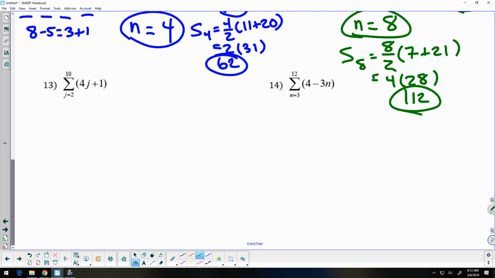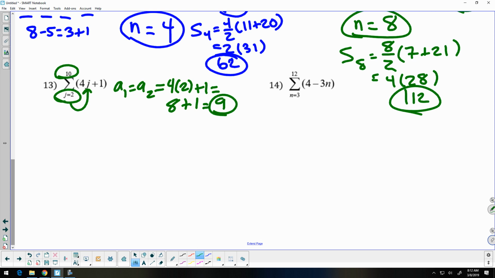Number 13, so we're finding the sum from the 2nd term to the 10th. And again, we got our formula, so starting with the first term, which is technically a sub 2, so 2 goes in for j. So 4 times 2 plus 1, 8 plus 1, and you get 9. Okay, next one. Plug in now 10 for j. So we're finding the last term, which again is technically the 10th term.